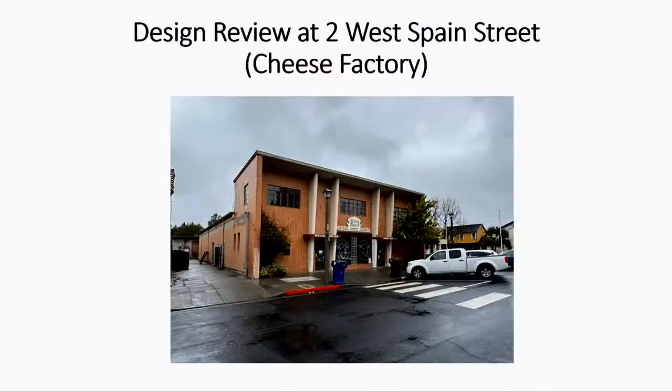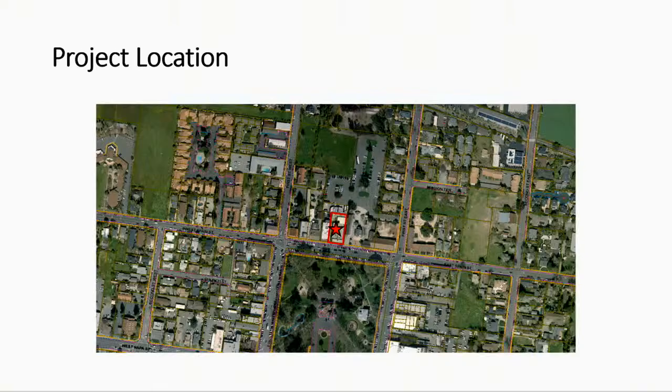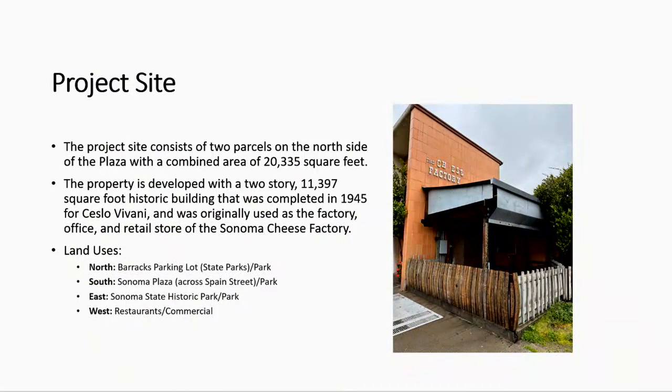Yes, absolutely. So the Cheese Factory is located right at the north side of the Sonoma Plaza. I think everybody's probably familiar with the property. It's situated on 2 parcels with a combined area of 20,335 square feet.